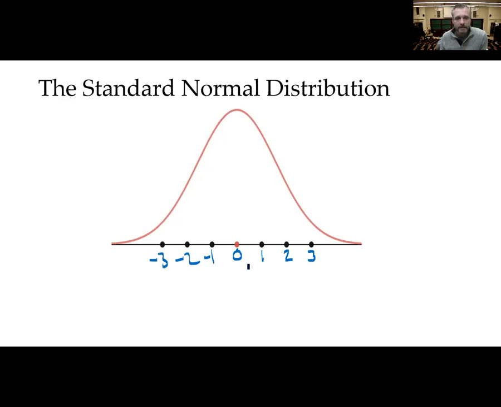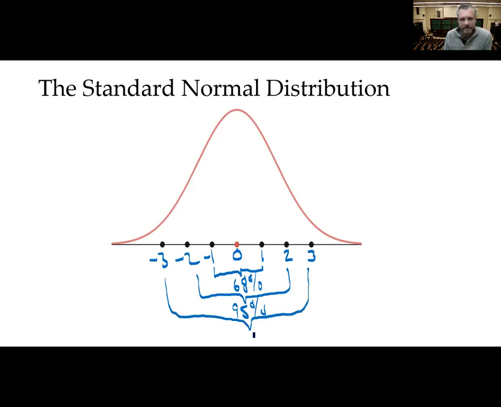That's it. The same percentages are in play. You still have 68% within 1 standard deviation, about 95% within 2 standard deviations, and about 99.7% within 3 standard deviations.